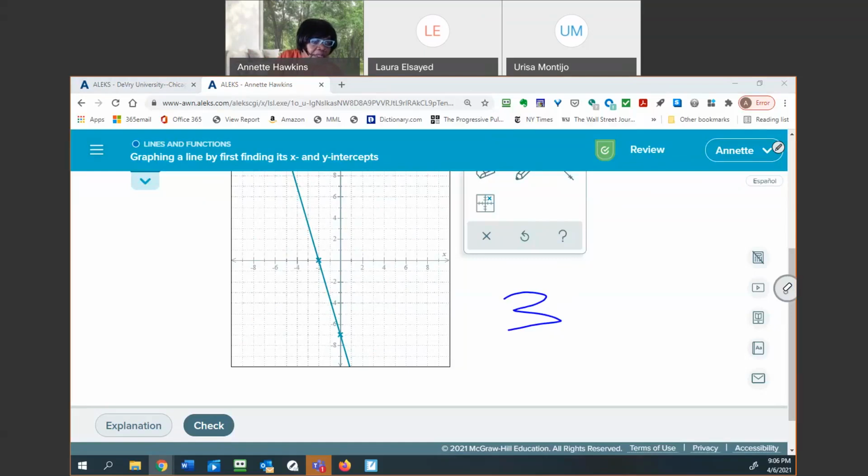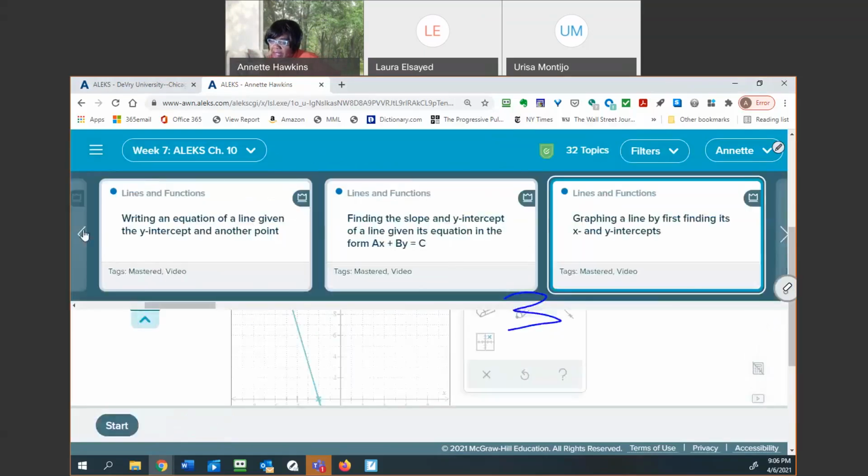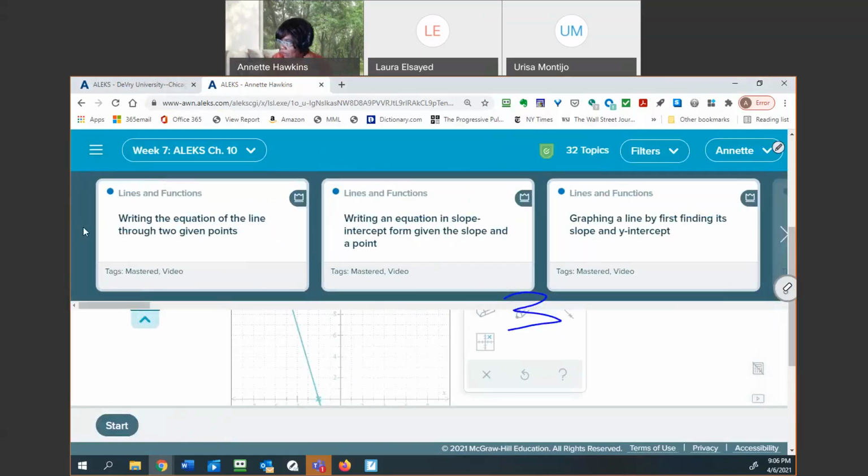All right, so we graph using X and Y intercepts. We found the X and Y intercepts and then graphed. And now it says classify the slopes of lines. And so we want to talk about what we mean by slope. Slope is the rise over the run, the steepness or inclination of a line.